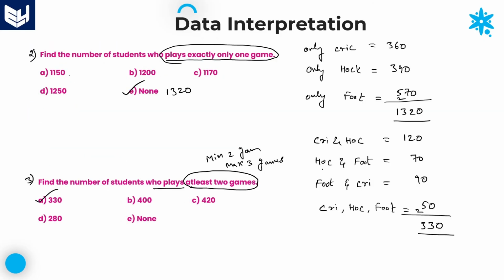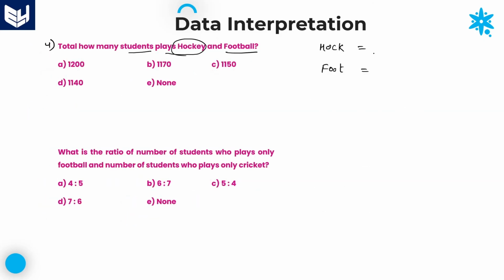So except 360. As we all know, the total number of students is 1500, and only cricket is equal to 360 members. Now the combination of both hockey and football: if you subtract only cricket value from the total 1500, you will get the number of students who are playing hockey and football.